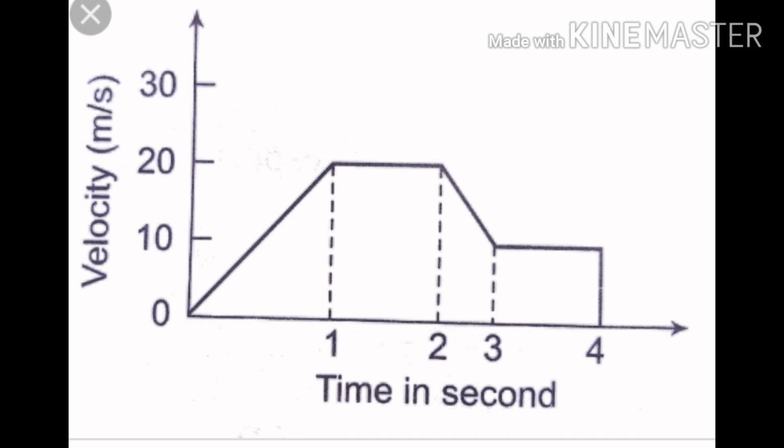Both speed and direction of the body can be varied in order to change the velocity of a body. The average velocity is given by the arithmetic mean of initial velocity and final velocity of a given period of time, where u is the initial velocity of the body and v is the final velocity of the body.